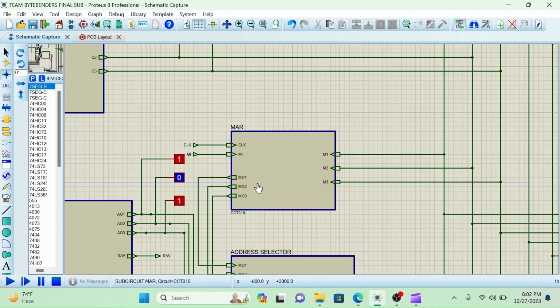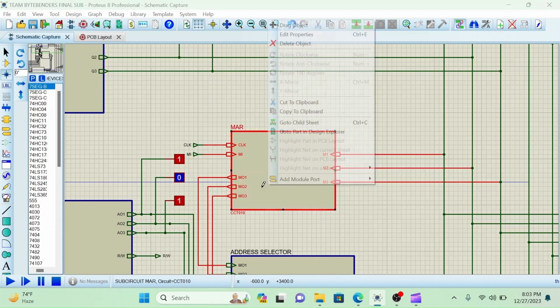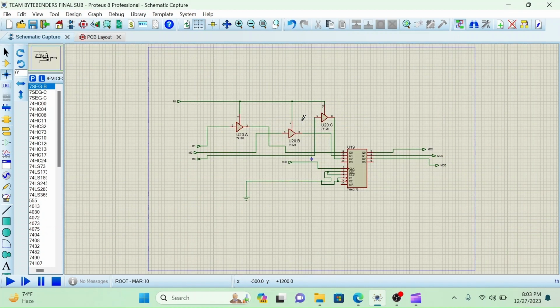There are 3 outputs from the MAR module. These outputs are connected to the address selector from which it is passed to the RAM. If we see the child sheet of this module, we will see there is an IC that has 4 D flip-flops, but we have used only 3 D flip-flops from here as we need only 3-bit storage.